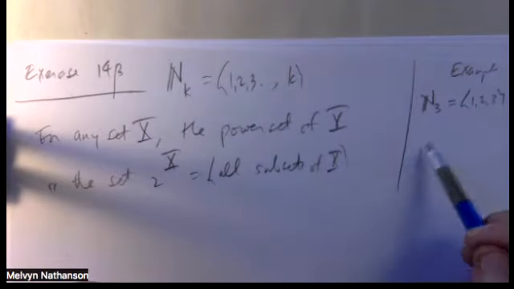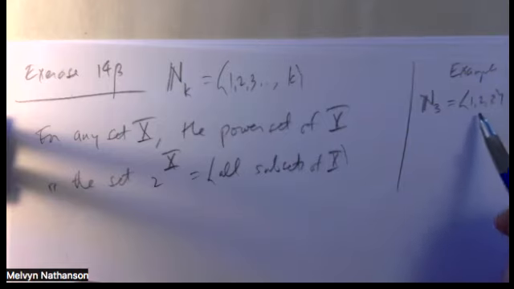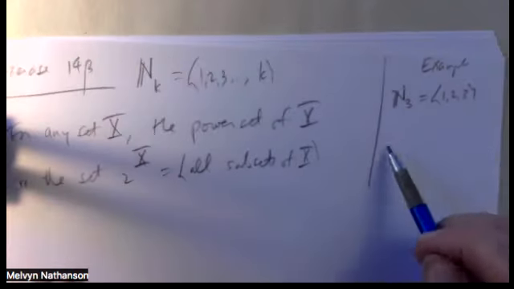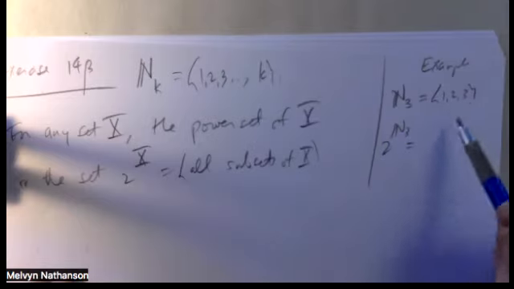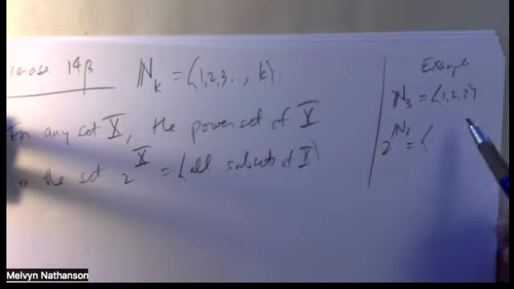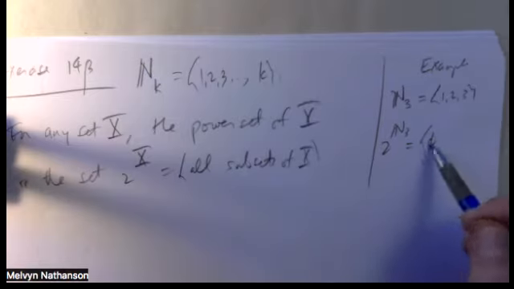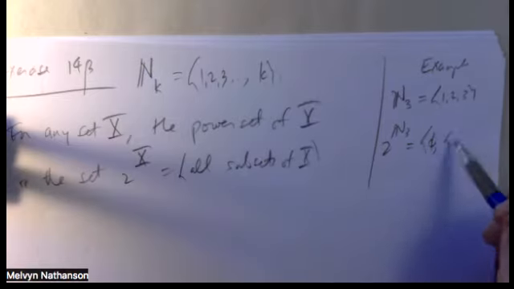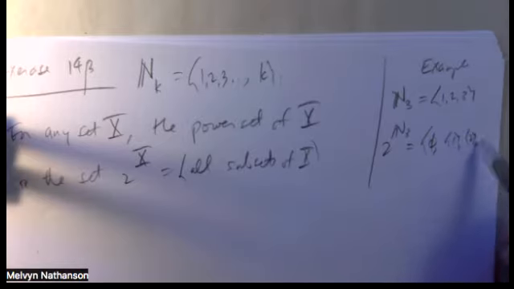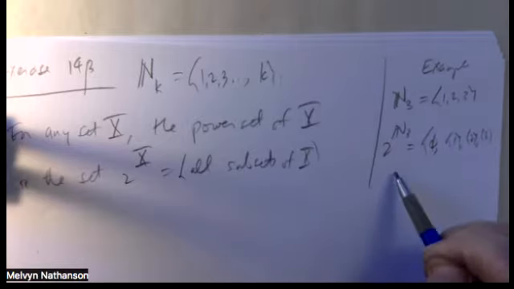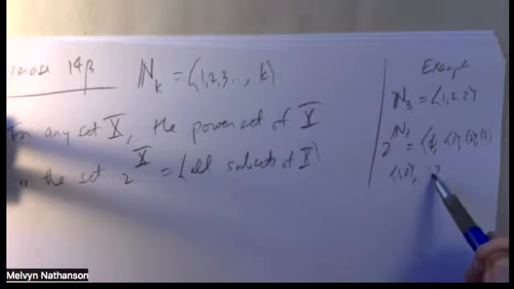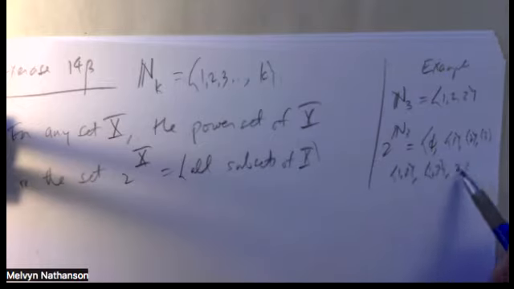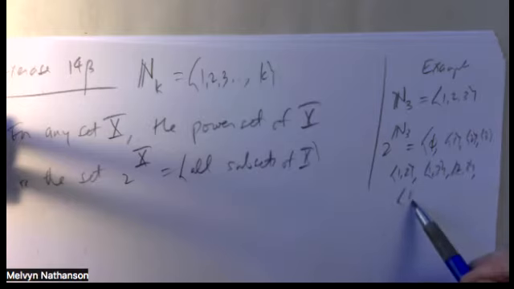So for example, if n3 is the set with 3 elements, consider 2 to the n3, all the subsets of this. So what are the subsets? Well, you have the empty set. You have all the one element sets. You have the 2 element sets {1,2}, {1,3}, and {2,3}. And you have the whole set.